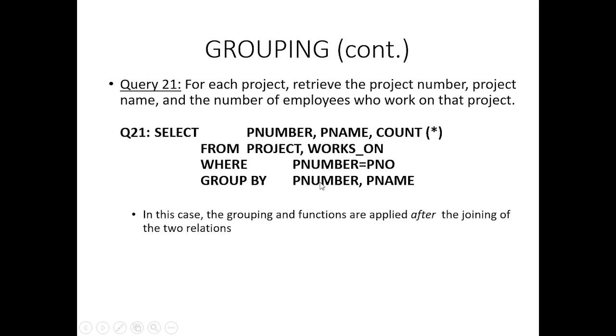So we take all subgroups based on project number and project name, and we count the employees who work on that particular project. In this case, the grouping and functions are applied after the joining of the two relations. These two relations must be joined, and after that the grouping and these functions will be applied.